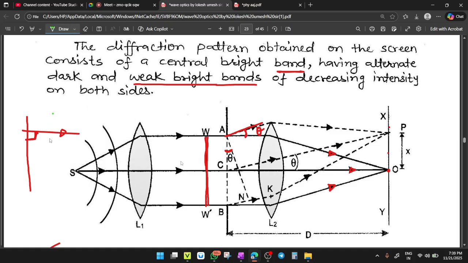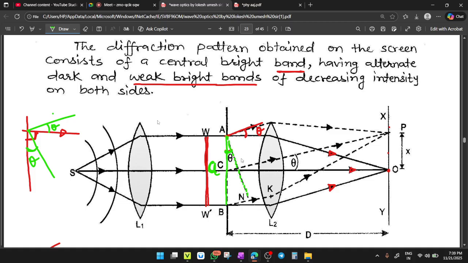Now, when your rays are slightly tilted up by an angle theta, then your wavefront will also be tilted by an angle theta. So this angle equals theta, and this is your new wavefront, the dotted one. So this is your slit width A.